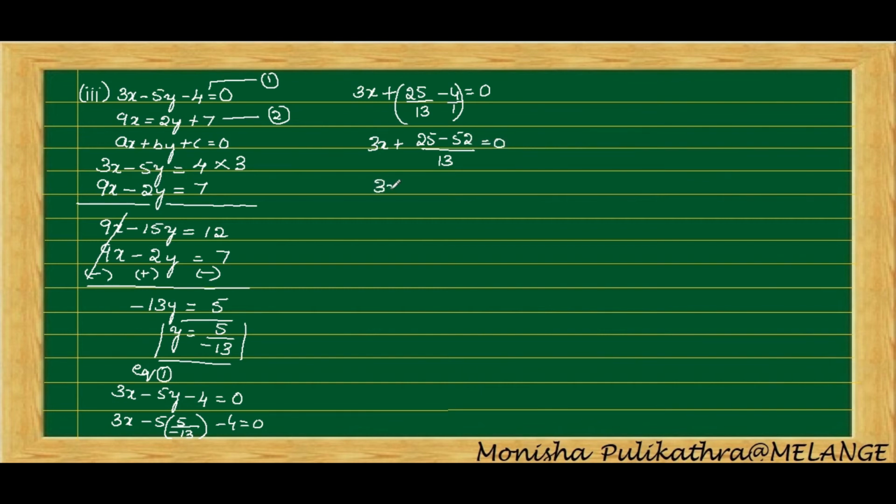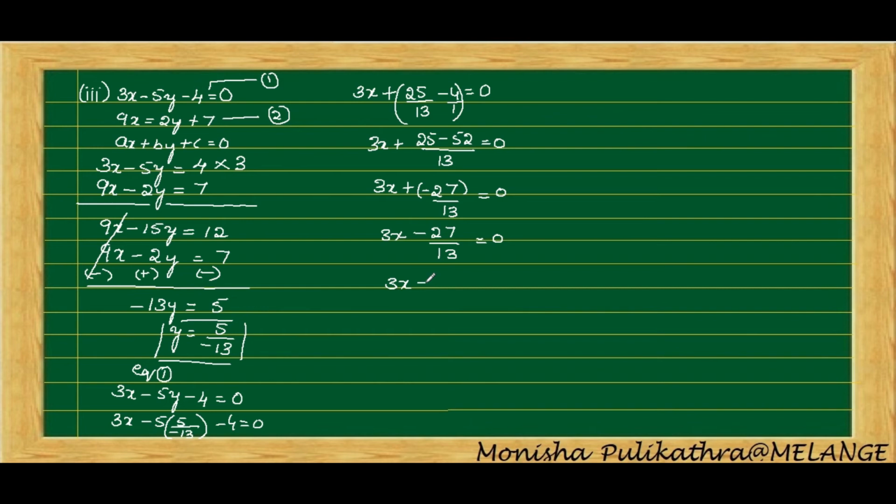Okay, next 3x plus 25 minus 52, so 12 minus 5 is 7, 5 minus 2 is 3, minus sign will be there, so minus 27 by 13. Okay, so next 3x plus into minus is minus 27 divided by 13 is equal to 0.